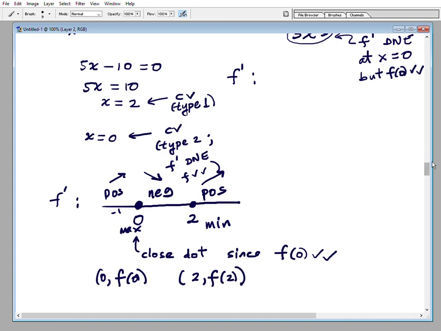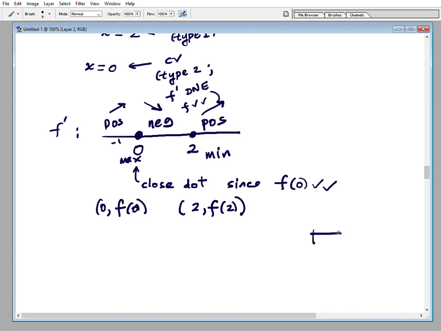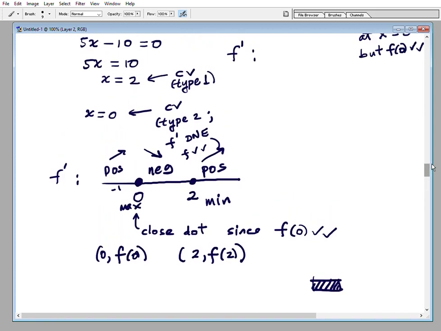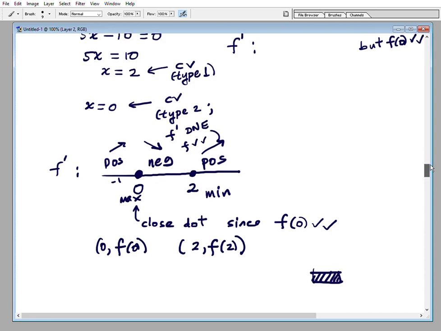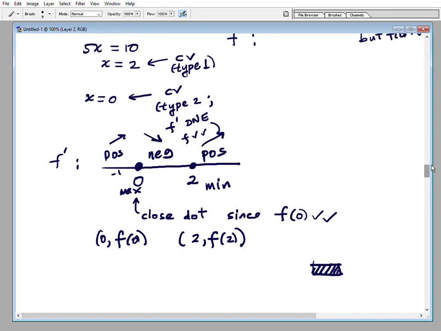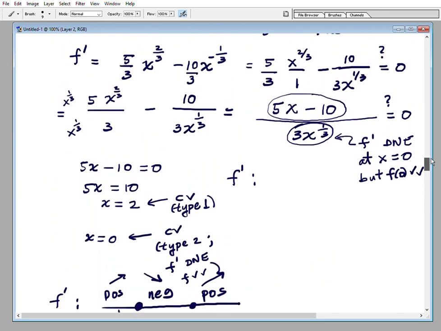All right, so this is one of the more complicated types where we are finding a max or min at a place where the derivative does not exist. You have one like that in the homework. It's the one where you have a fractional exponent. I think you do a similar thing to what we did here.